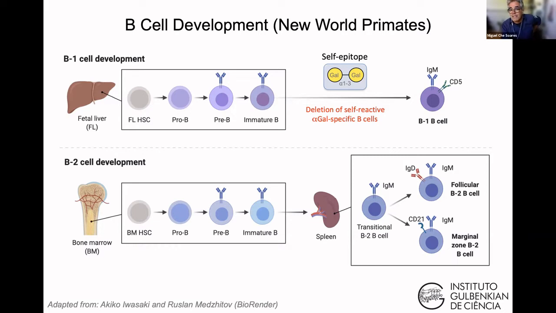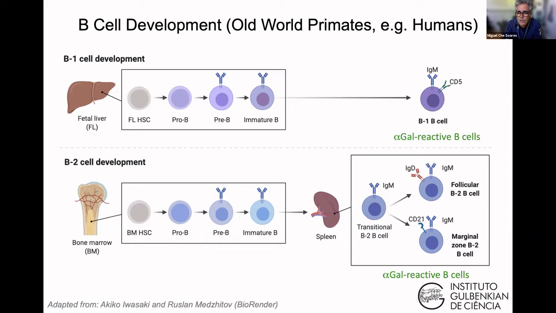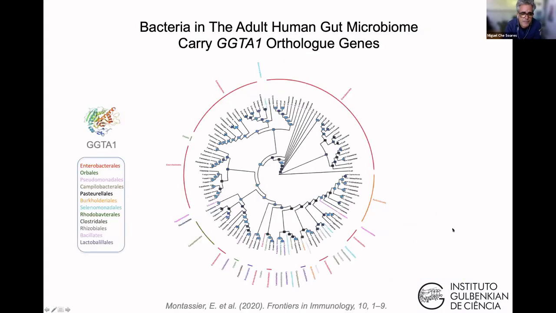New World primates express alpha-gal, and therefore they delete the peripheral B cells that express alpha-gal, because this is a self-antigen, and they also delete these B2 cells. But we, as members of the Old World primates, do not express alpha-gal, and therefore we can generate B cells all the way until the production of alpha-gal reactive B cells.